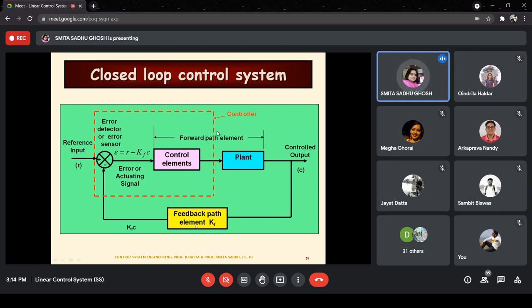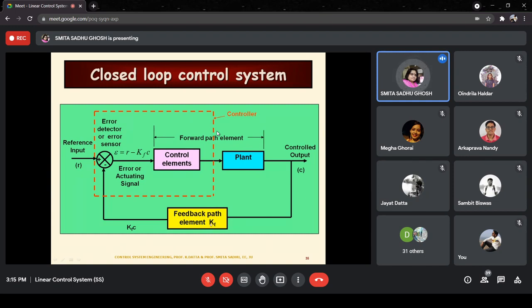So in general, the feedback path element is denoted as K suffix f. It is not essentially a pure gain. It may have dynamics. It may be say 1 by s plus 1, or s by (s plus 1)(s plus 2)(s plus 5), etc. So it will have some sort of dynamics, like the plant has a transfer function. The feedback path element will also have a transfer function in general, right?